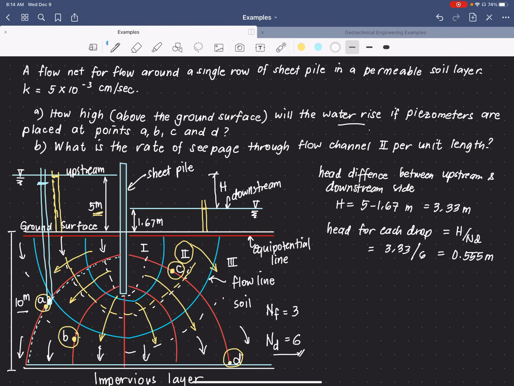Now to get the height in the piezometer at the equipotential line A, or let's say this is line 1, the total head drop at A would be 0.555. So we have a 0.555 head drop here. Similarly, at B, we also have a 0.555 drop. That will be the same for all the equipotential drops.